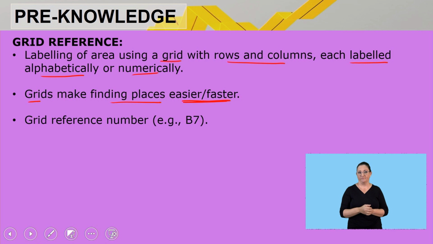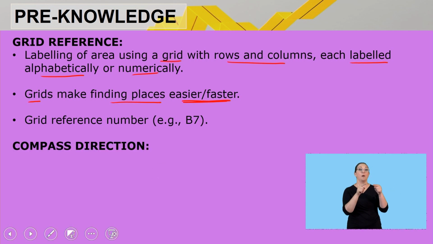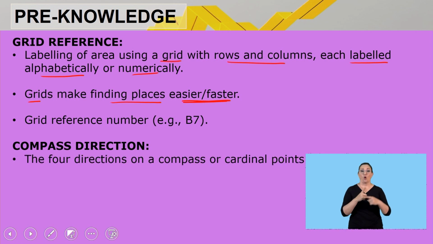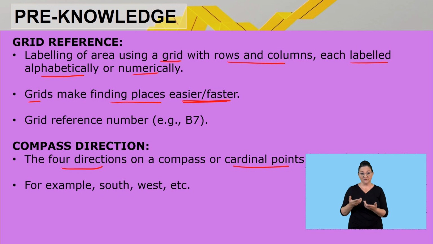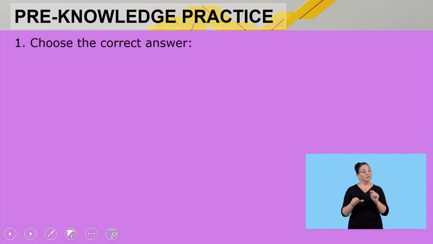For example, a grid reference number will be B7. We look at it as we move on with our lesson. Also important for you to know is your compass direction. We know the four major compass directions, or we also refer to it as the cardinal points, for example, south, west, east, etc. So those are the important terminology in today's lesson.